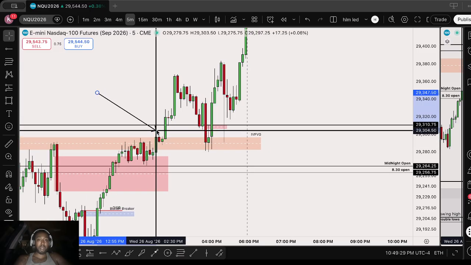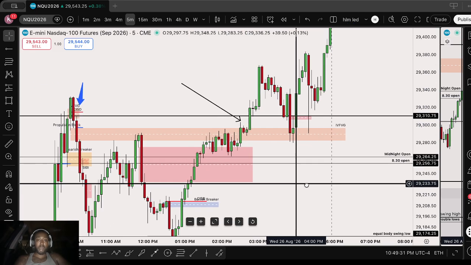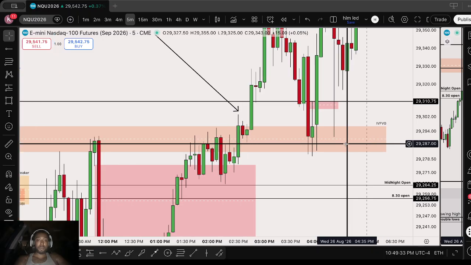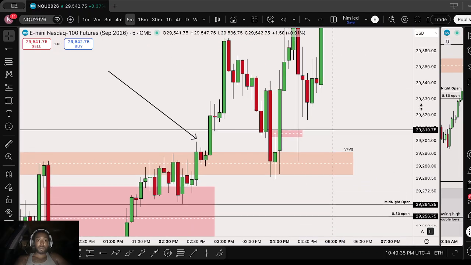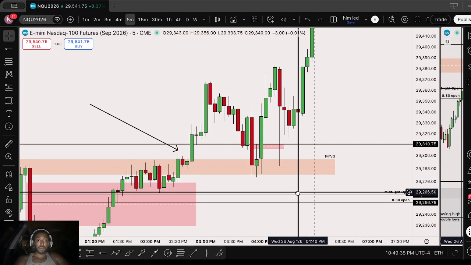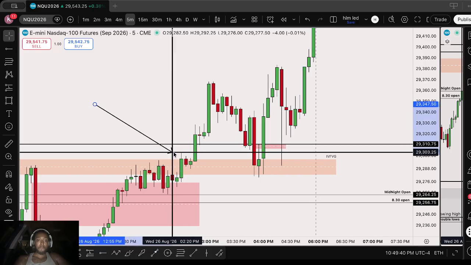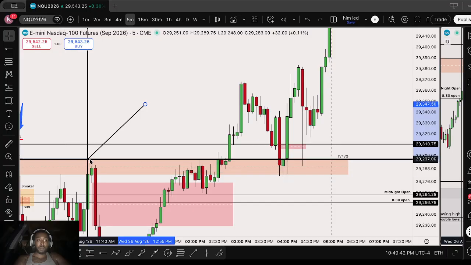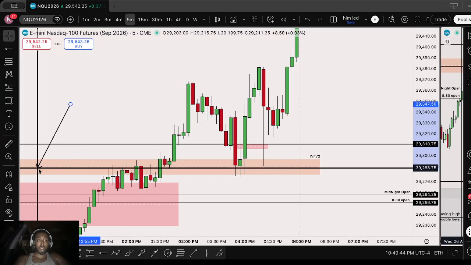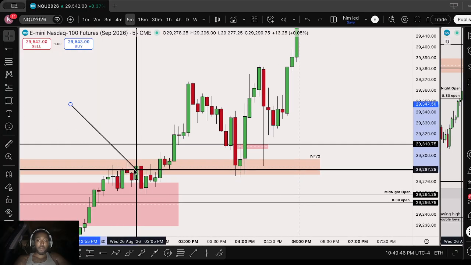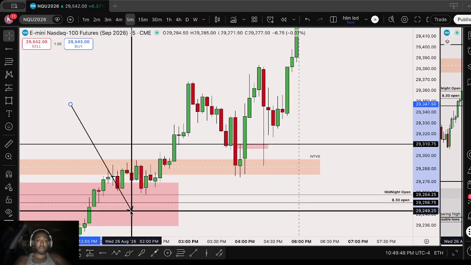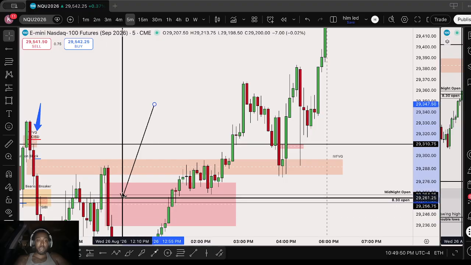Look how we get above right there and respect the upper half. Look at that. It rejects, all of it in the lower half, but it's holding this inverse for this fair value gap here.